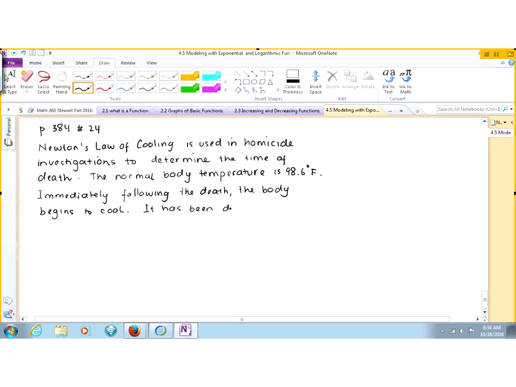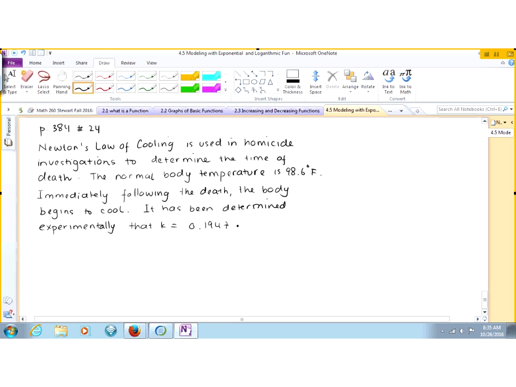It has been determined experimentally that K is equal to 0.1947. K is a constant, and it depends. For a body it's 0.1947. For soup, it's a different thing.